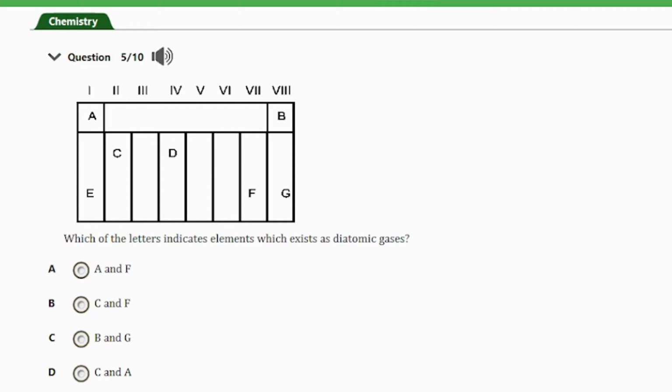We have options A and F, B, C and F, C, B and G, D, C and A. The answer to this question will be A and F. Option A here is hydrogen, and the element F is a group 7 element here. The group 1 element here, hydrogen, which is A, and the group 7 element F actually exist as diatomic gases. So that's the answer to this question, and that's option A.